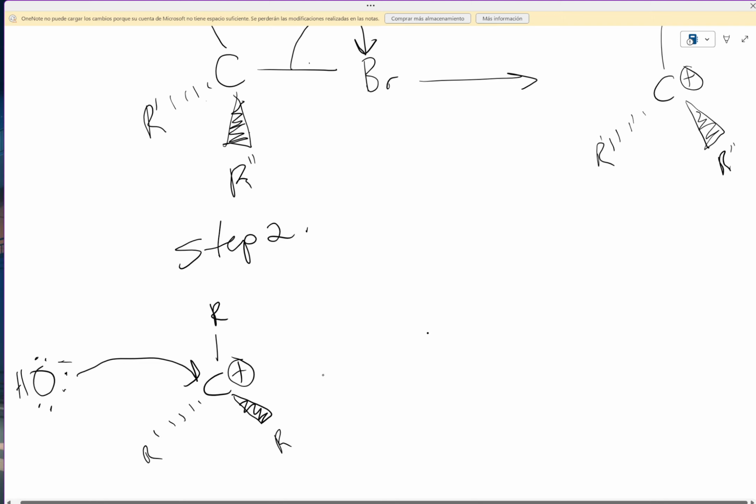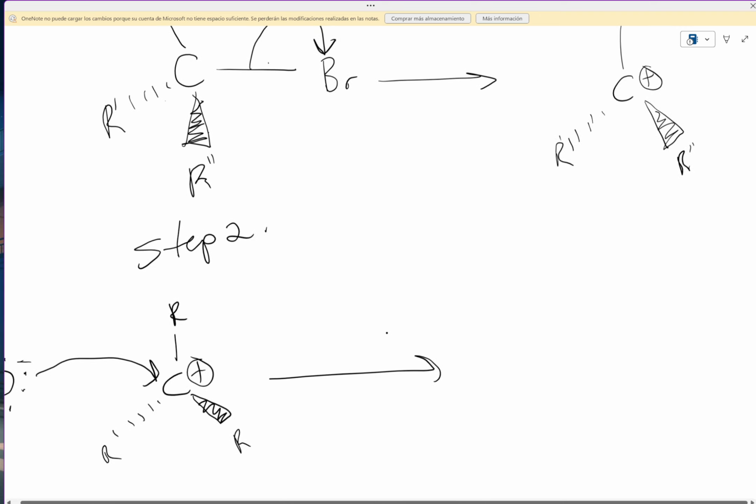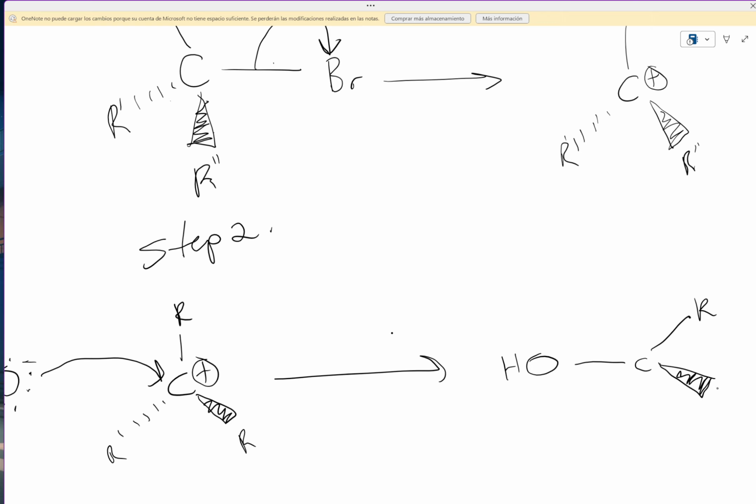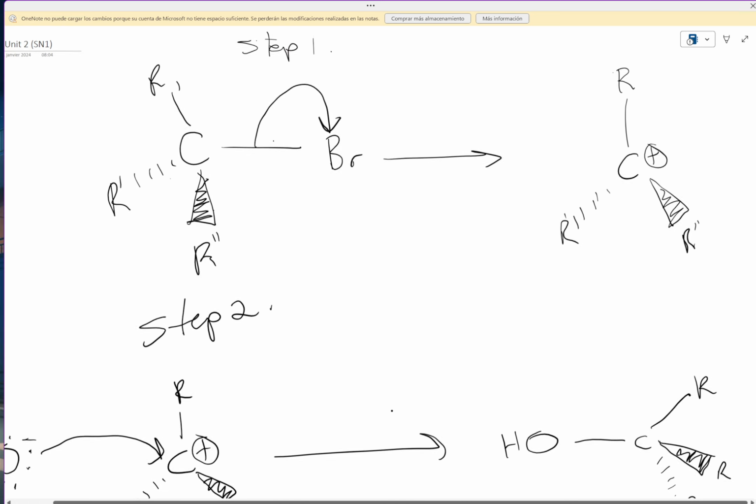So the result here would be something like this. That would be our product, due to stereochemical inversion.